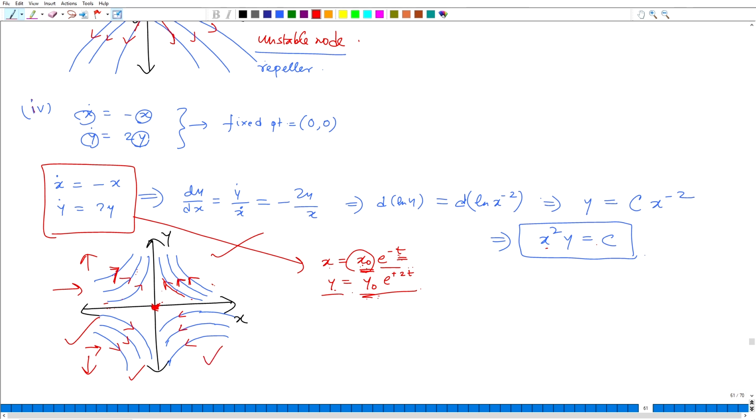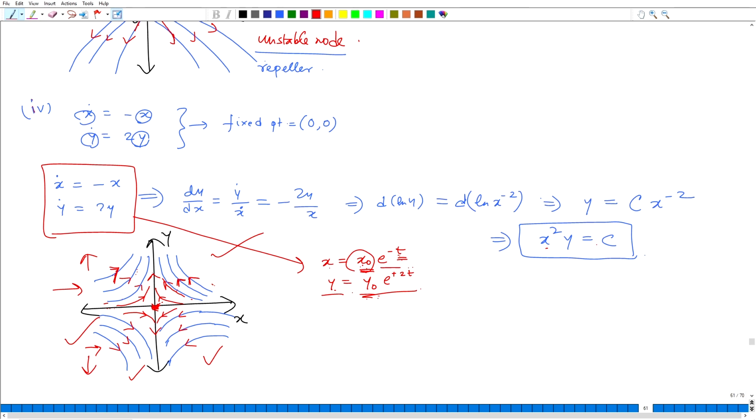Now, by the choice of continuity in the phase space, one can also write on this axis the arrow signs should be like this. Okay. Since they are defined very close to the axis, on the axis also they will have a consistent sign for the evolution. Okay.